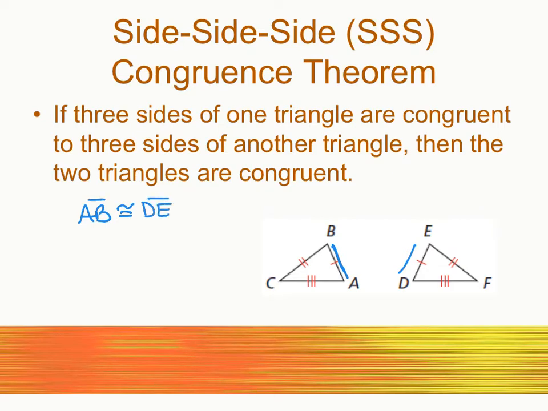And then I can also state that BC is congruent to EF. And then lastly, I can say that AC is congruent to DF.